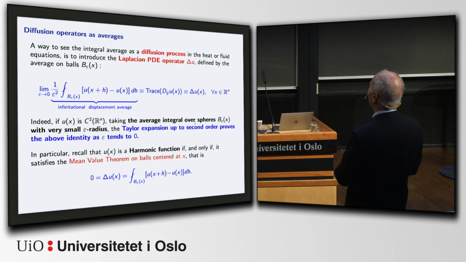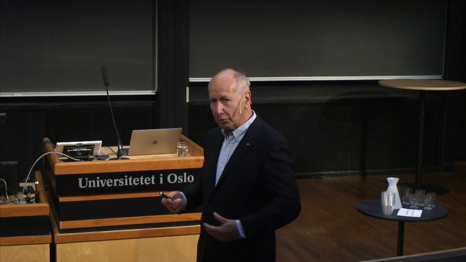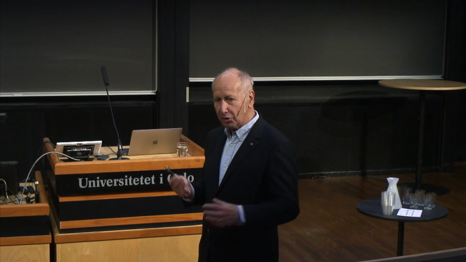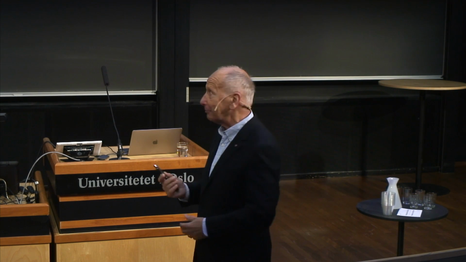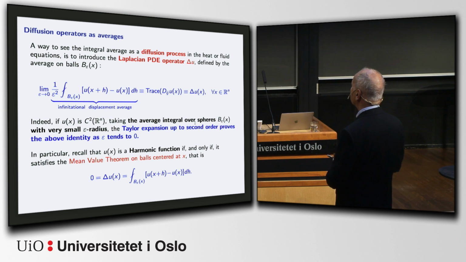So this is a way to see diffusion operators as averaging. We have these examples of what diffusions are and things like that. Now we want to go more inside the mathematics of it, so we want to make a more precise description of what a diffusion operator is.